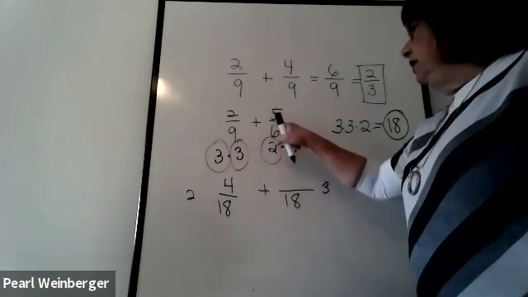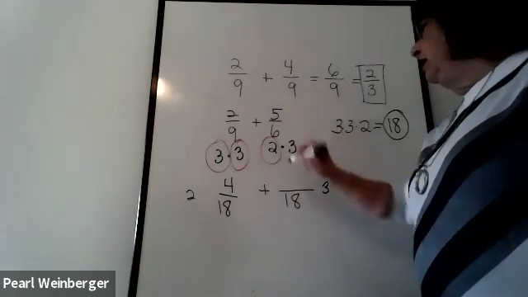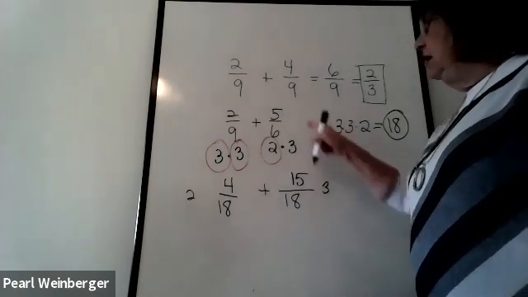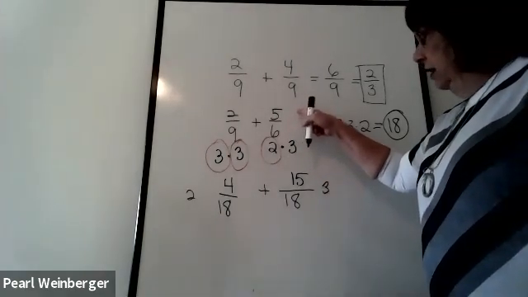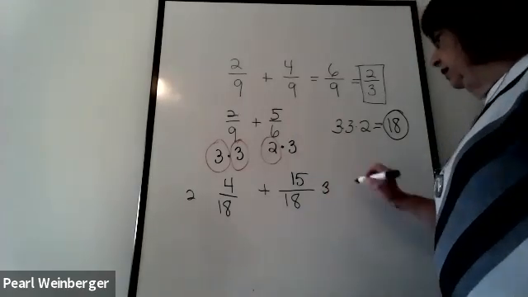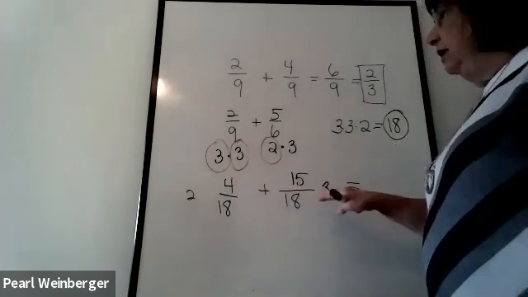Since I multiplied the denominator by 3, I've got to multiply the numerator by 3. 3 times 5 is 15. Again, 15 over 18 is the same as 5 over 6. And now my two fractions have the same common denominator.